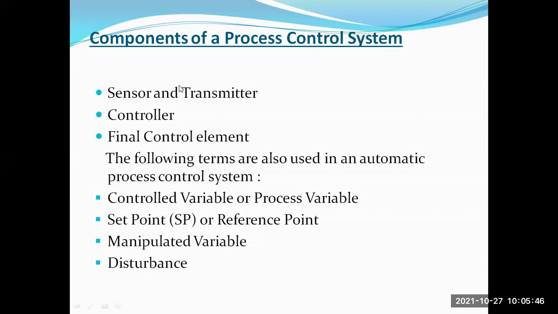First, that is the sensor or transmitter. What is a sensor and transmitter or transducer? Sometimes it is also called a transducer. This sensor transmitter is also called the primary and secondary elements, which is used for the measurement of the variable that is to be controlled and the transmission of the measured value to the controller part.